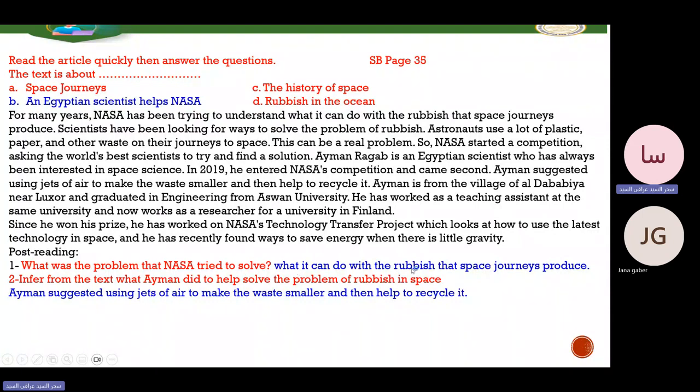NASA wants to find a solution to solve this problem. And from the text, what did Ayman do to help solve the problem of rubbish in space? He suggested using jets of air to make the waste smaller and then help to recycle it. Okay, let's move to another one.